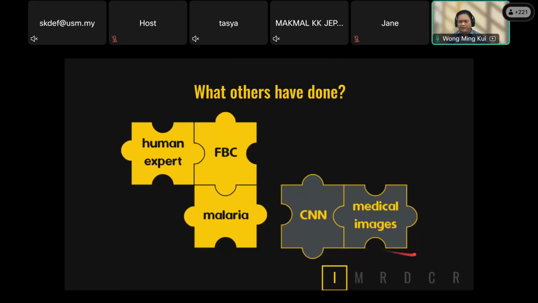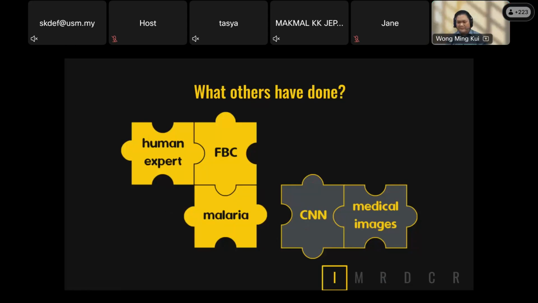On another side, CNN has also been used quite extensively in medical images. At the moment, a lot of the research concentrates on microscopy as well as radio imaging.